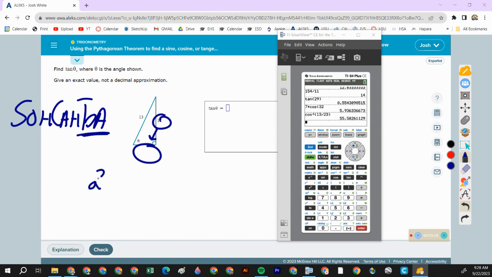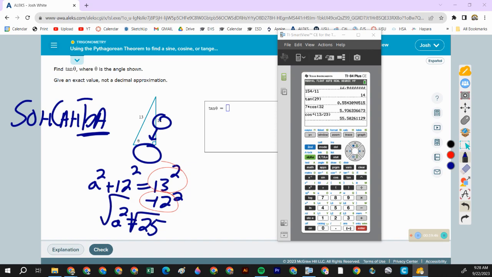So A squared plus 12 squared equals 13 squared. So I subtract 12 squared. That's 169 minus 144 is 25. Square root, and this equals 5. Now what do I do? Now I do O over A, so 12 over 5. That's my answer.